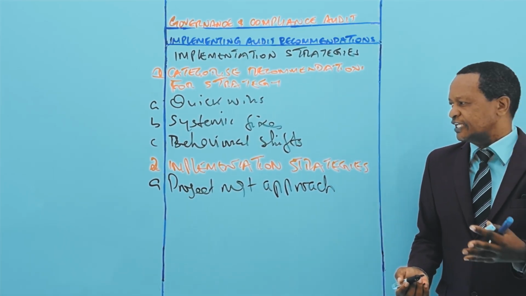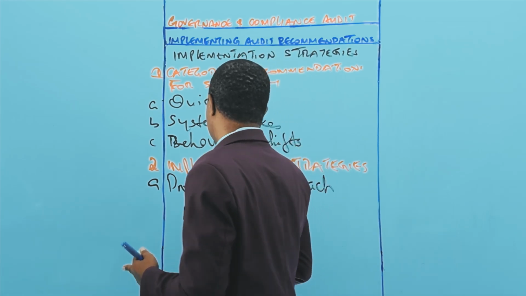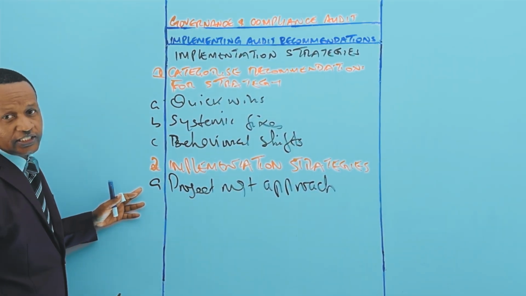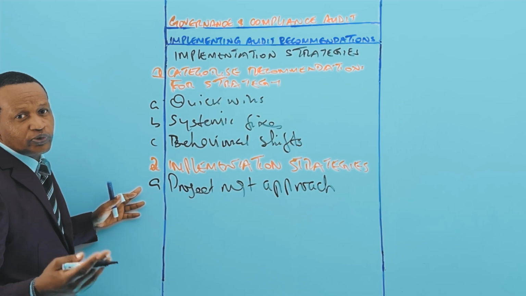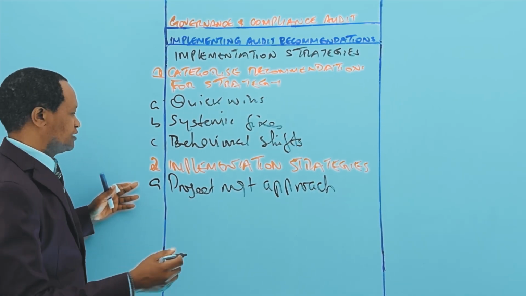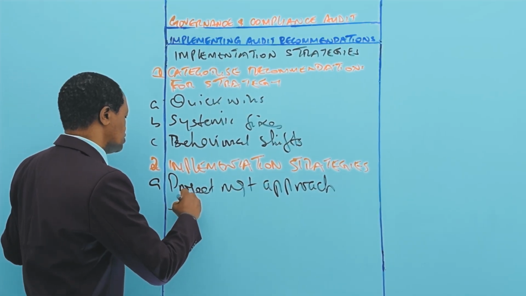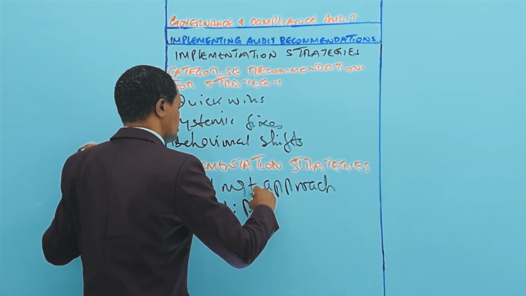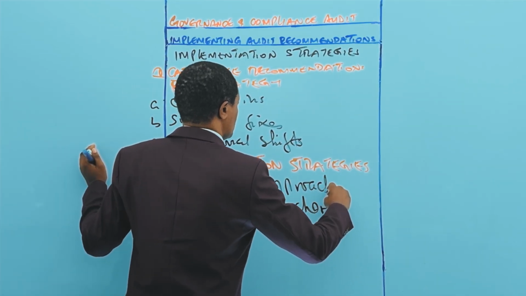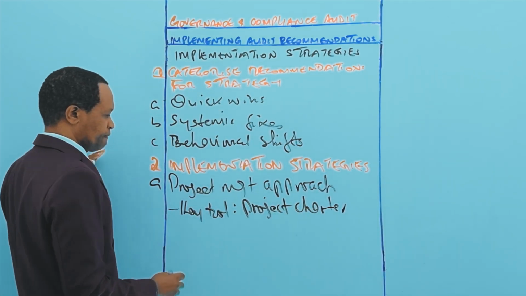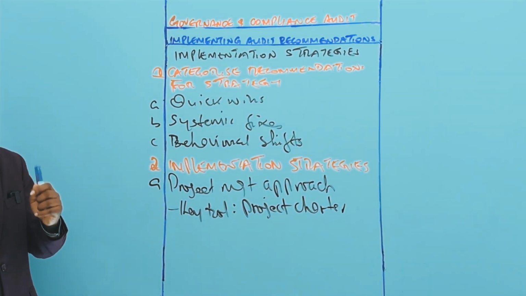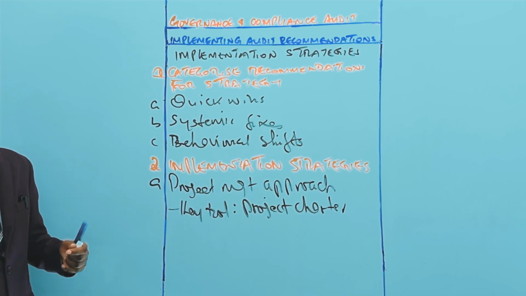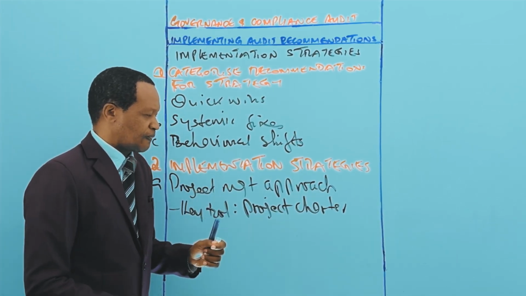And the key tool that may be used when this strategy is adopted is the project charter. If you are to go this route, then you need to have a project charter that defines the scope, the budget, and the timeline for each recommendation.